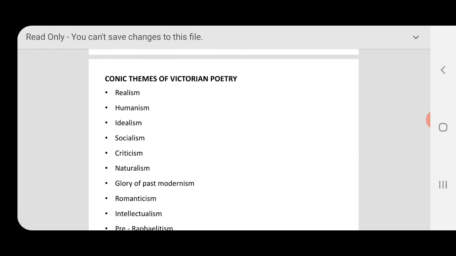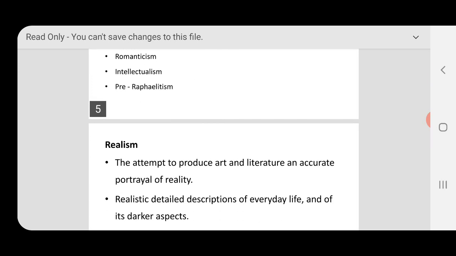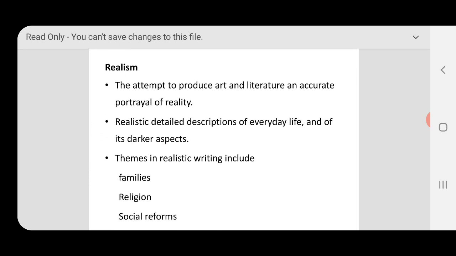So, what are the iconic themes or features of Victorian poetry? We shall see one by one. The first feature of Victorian poetry is realism. Here, Victorian writers attempted to produce art and literature as an accurate portrayal of reality.